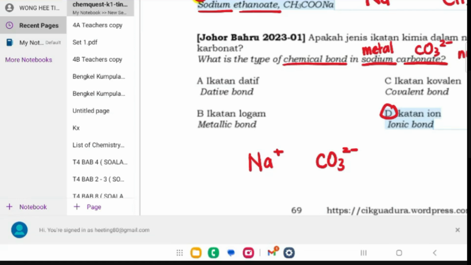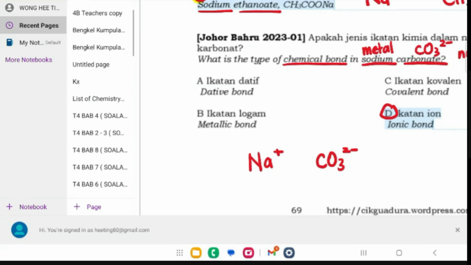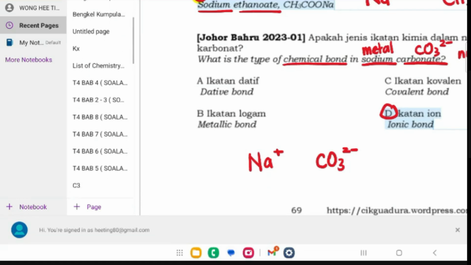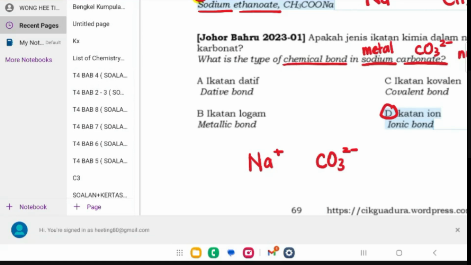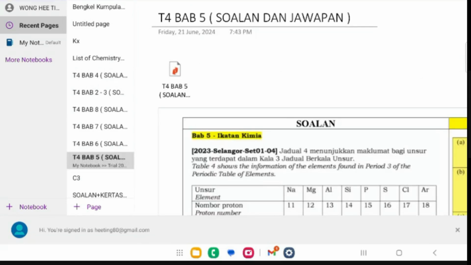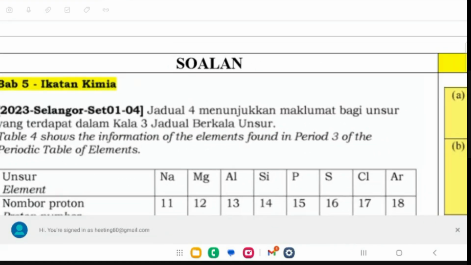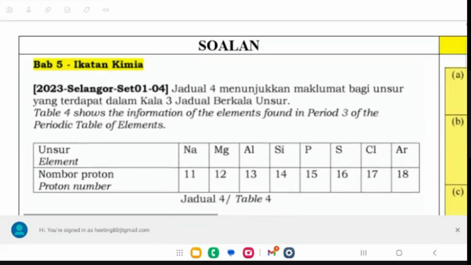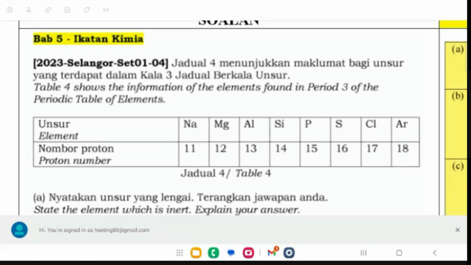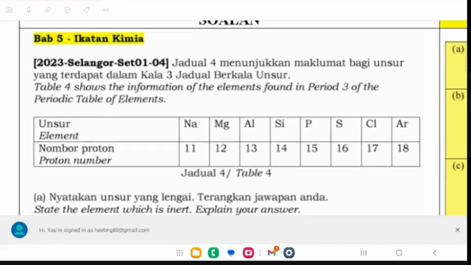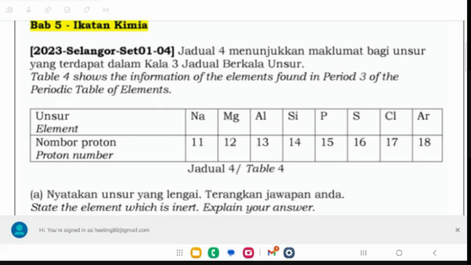Okay, now we go to the structure. I asked you to try 5 questions, right? You see this question, chapter 4 and chapter 5 can combine to ask the question.